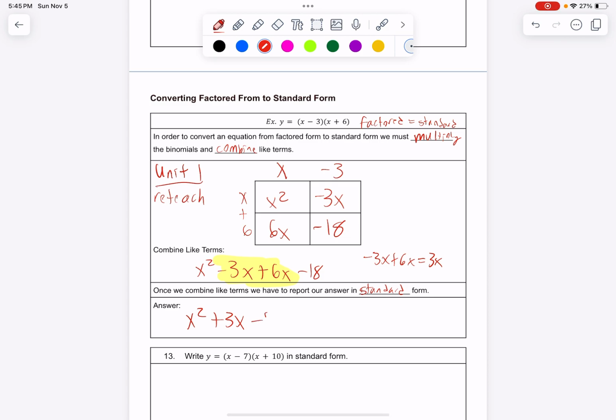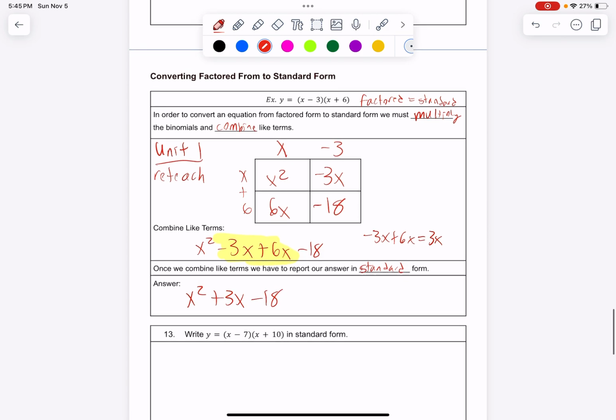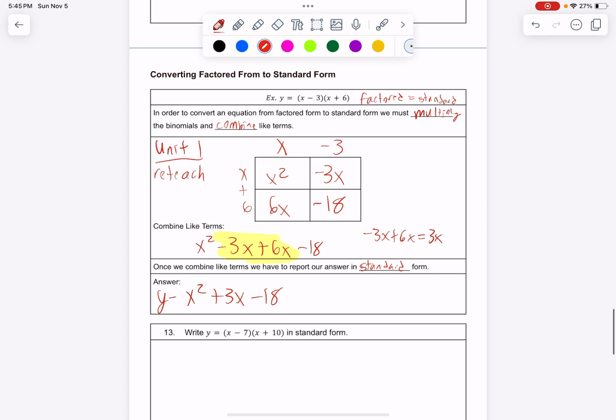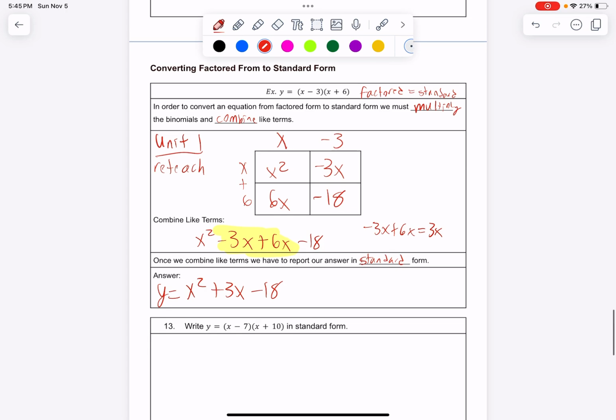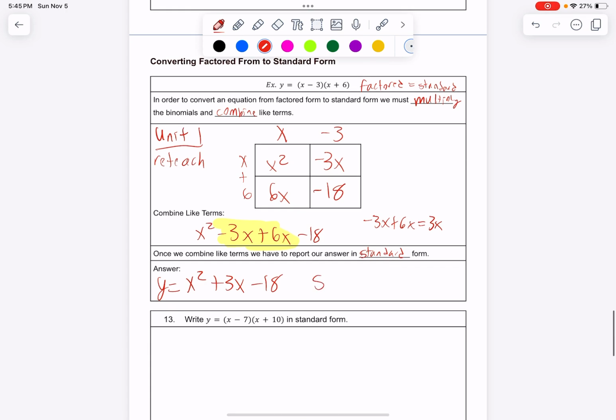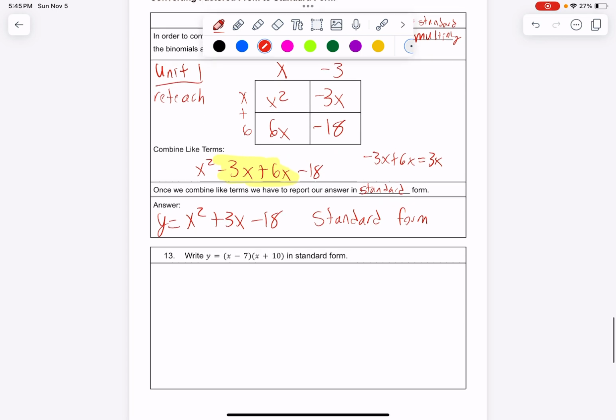So plus 3x minus 18. So here is my standard form. And I now have an equation set from factored form to my standard form. And remember, when you have your standard form, it has to go from least to greatest.